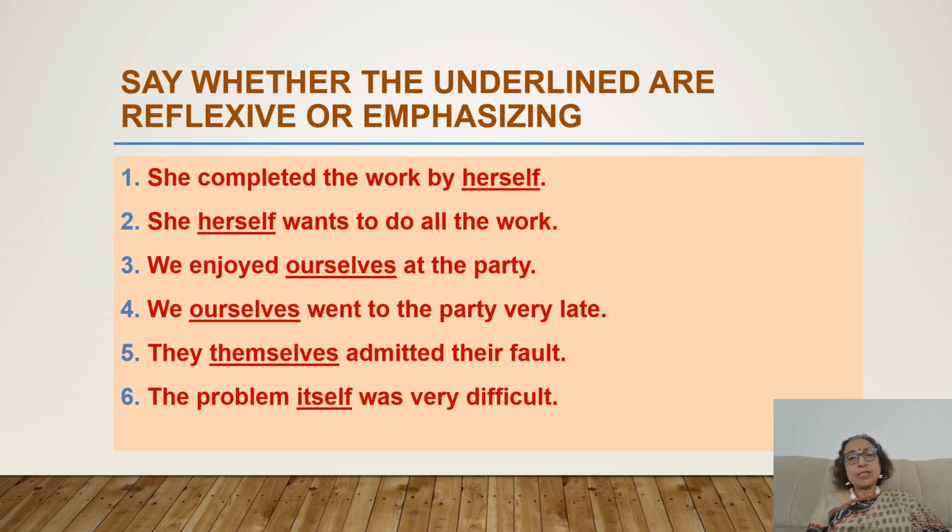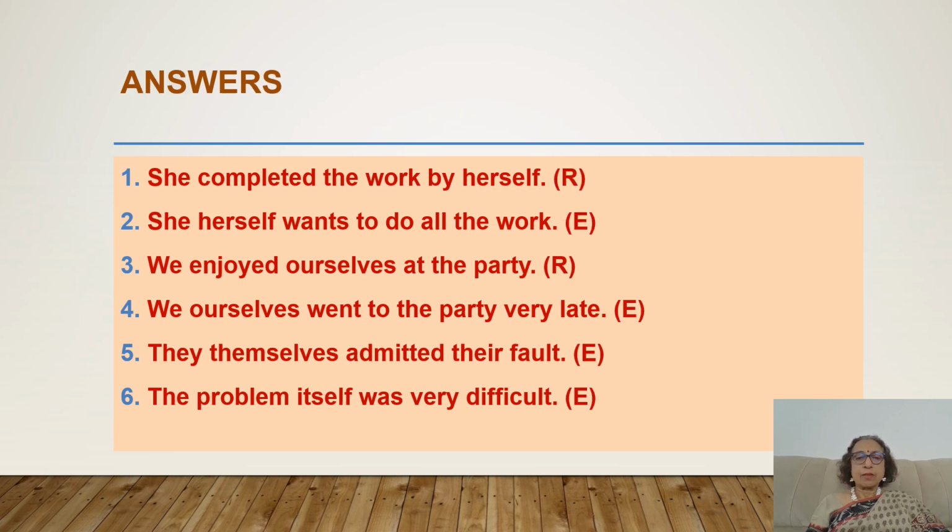But the function is different. The pronoun might be the same with different functions. That is why I have used similar pronouns like herself twice, ourselves twice, themselves once, itself once. So let us see what the answers are. You try it out yourself before you check the answers.